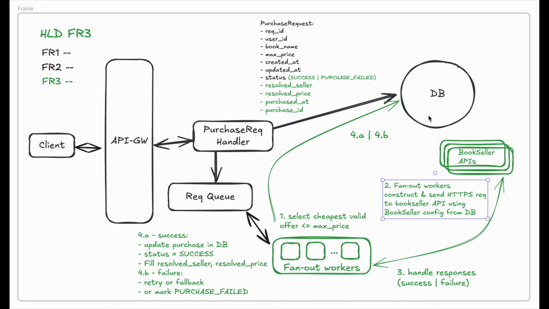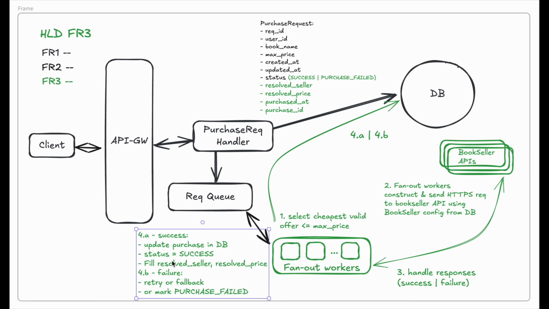It builds the HTTP request using the API endpoint, the HTTP request method, the headers template, and the request body template. For example, it has the dynamic fields like the ISBN, pricing, shipping information, etc. Step 3. The worker sends the request to the external seller system, handles retries, parses the raw response, and normalizes it to the exact fields, like order ID, final price, delivery ETA, or error code and messages.